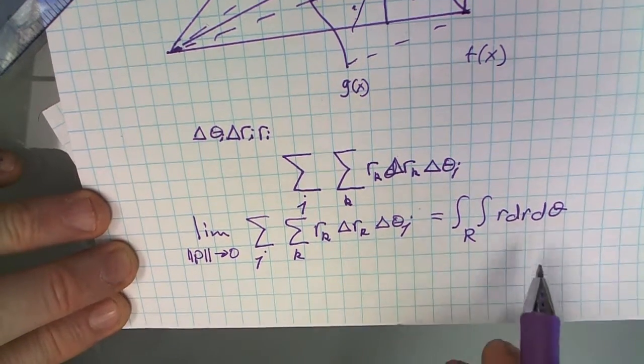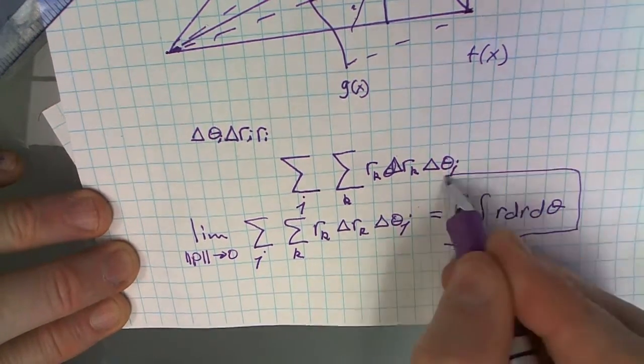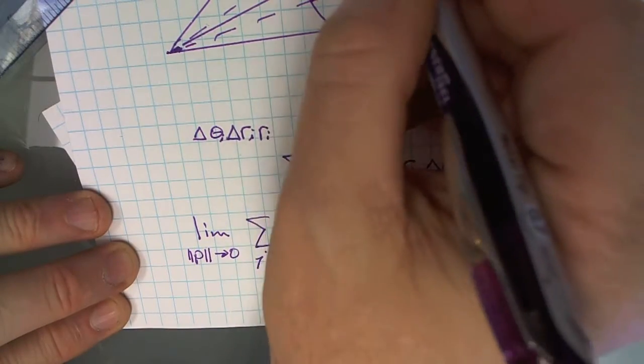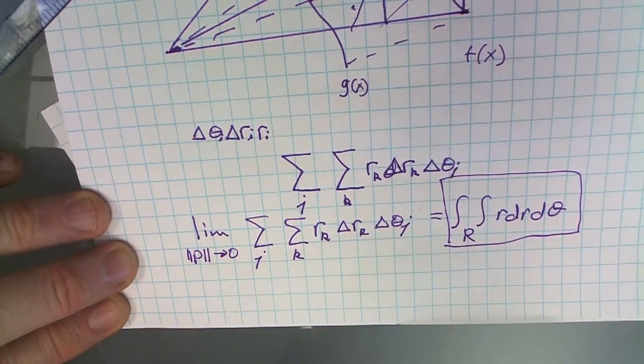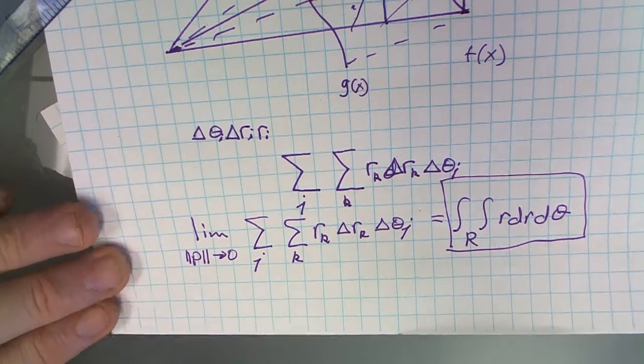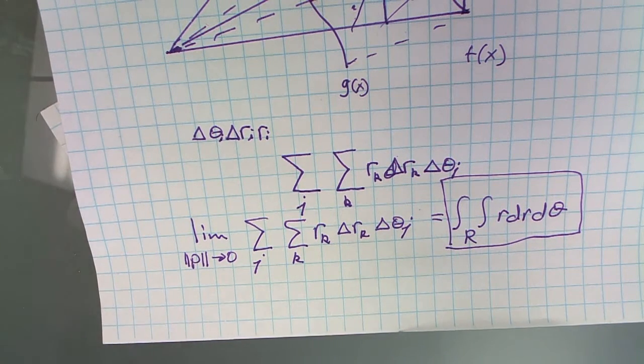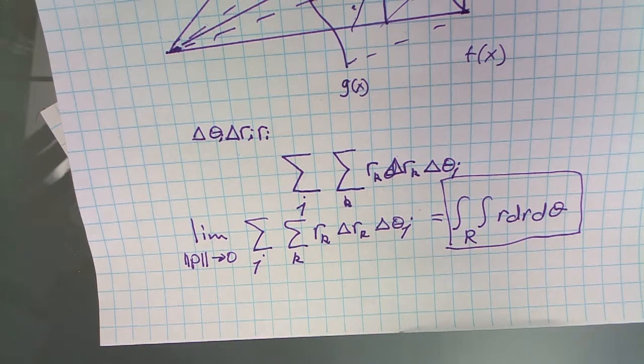So this right here will give us the area of that region that we were seeking. So we're playing the same game as we always do in defining integrals. We let the norm go to 0, the magnitude of the largest partition go to 0, and we define an integral that way. Now this will give us the area.